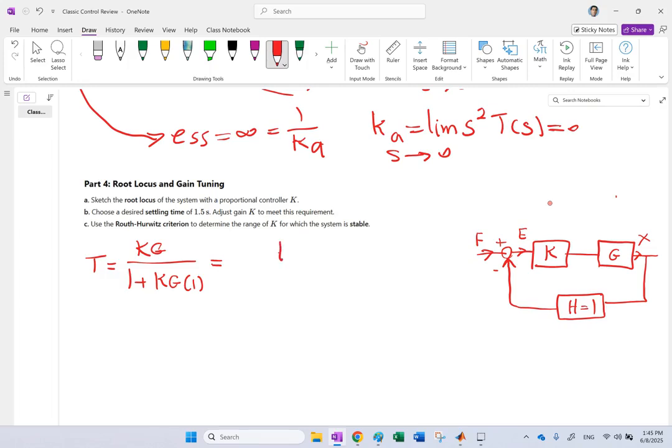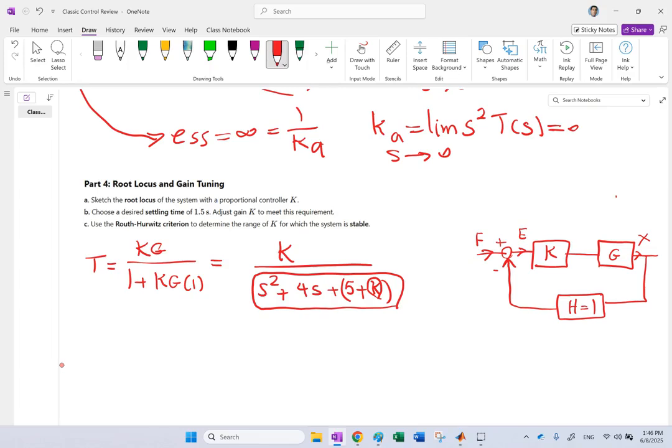So you get a K here, divided by 1 plus that, which gives basically s² plus 4s plus 5 plus k. Now the roots of this, which are the poles of the system, do depend on k. And that is the Routh-Locus. We want to plot the location of these two poles of the system versus gain k. That is called the Routh-Locus.